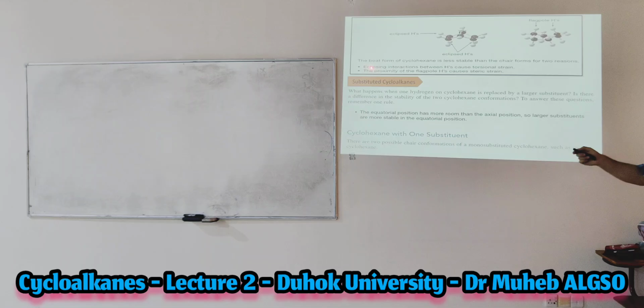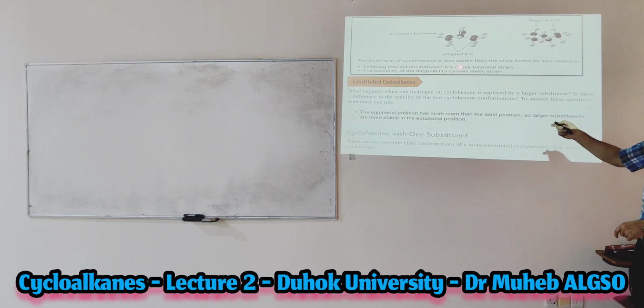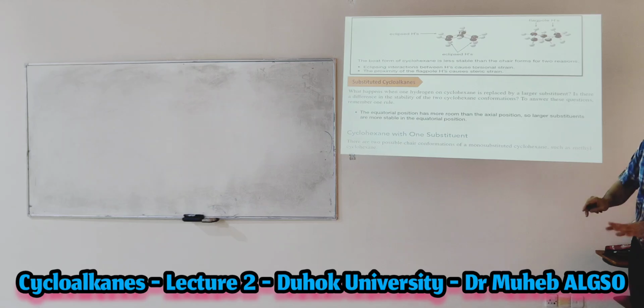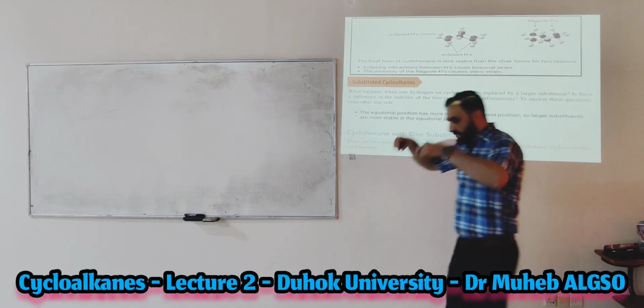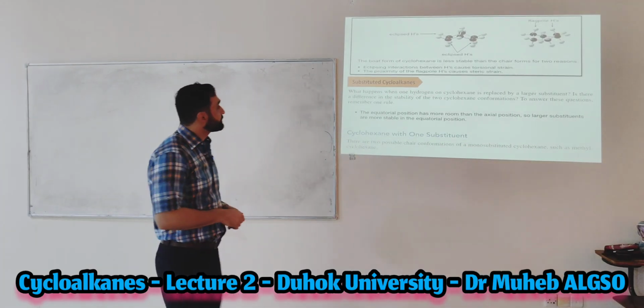Look here: the boat form of cyclohexane is less stable than the chair form for two reasons, as I told you. Eclipse interaction between the hydrogens, torsional strain, because the hydrogens on the 4 carbon atoms, the down 4 carbon atoms, are eclipsed to each other. And also the steric effect between the hydrogens bonded to the upper carbons.